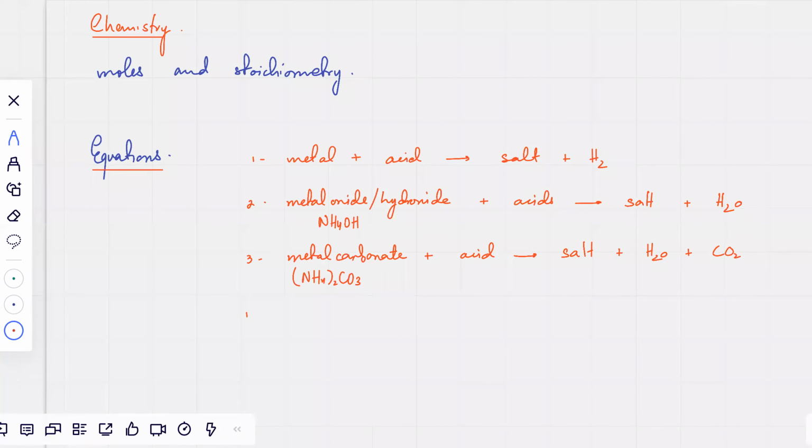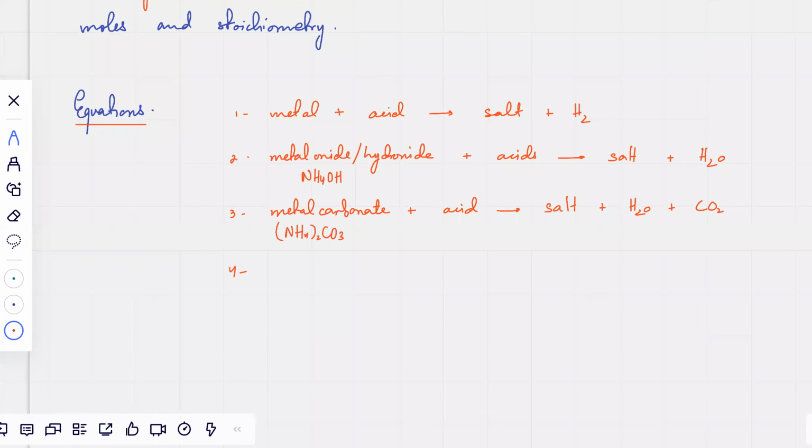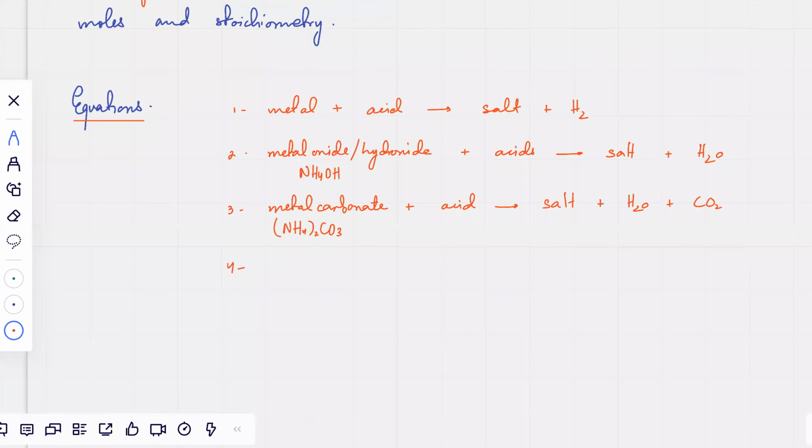Then you've got a fourth one. The fourth one is ammonia reacting with an acid, and it produces an ammonium salt. Now, if you've done your O levels, you've done most of these reactions. Remember, I'm going to do each one individually.